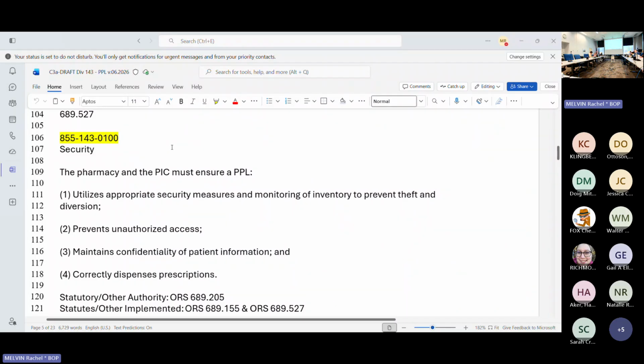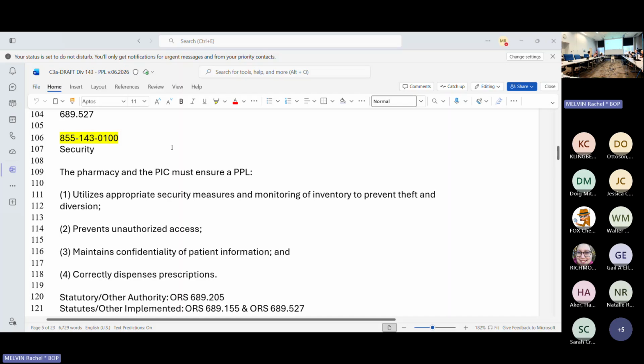OAR 855-143-15 for registration is proposed to be struck. OAR 855-143-20 registration, change of owner, location, and PPL pharmacy is proposed to be struck, along with 143-25 registration closure, 143-30 non-resident PPL, and 143-50 personnel. So that would take us to the next section. Repealed, not struck. Thank you.